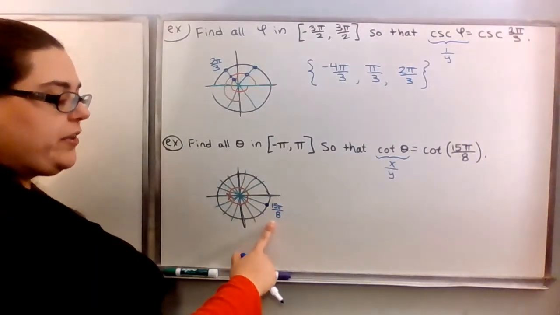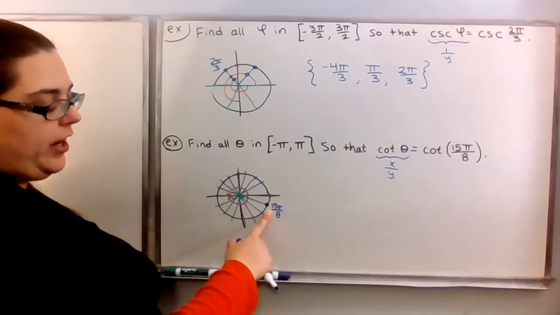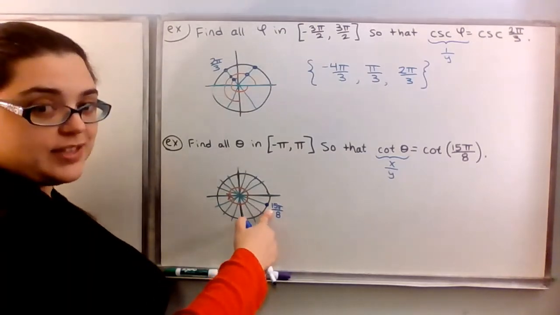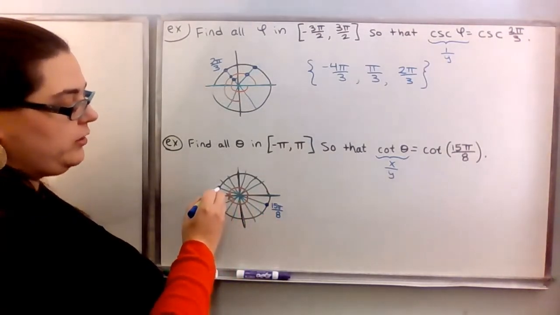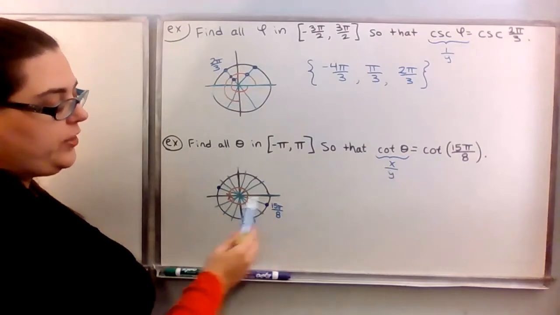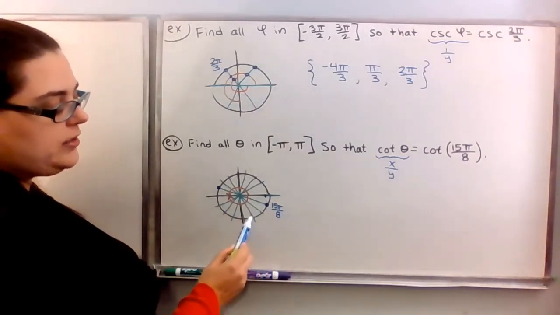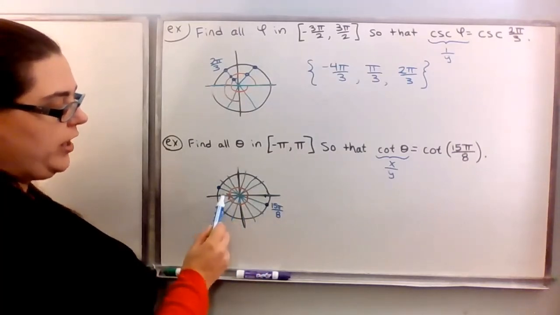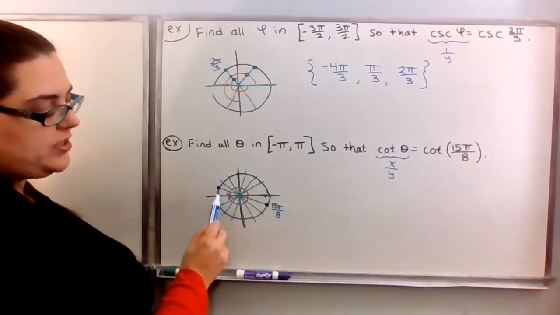So we're going to have to bear that in mind here, because here we have our 15 pi over 8, and its corresponding spot that will have the same ratio of the X and Y is going to be this point over here. If we think about what we've got here, we've got a long X and a short Y, and that matches. We have a long X value here, and a short Y value, so a short distance up.